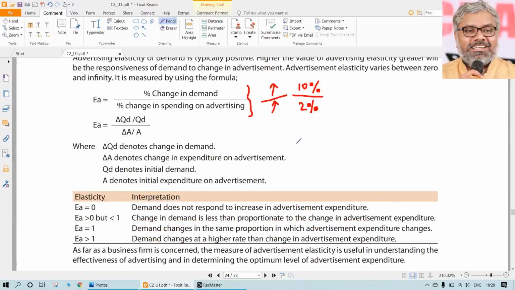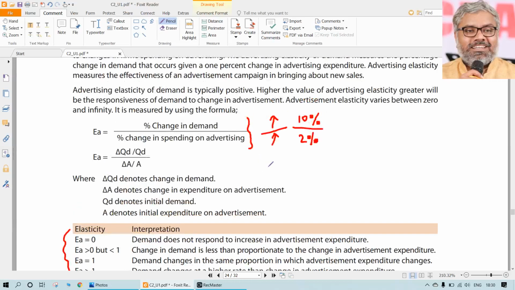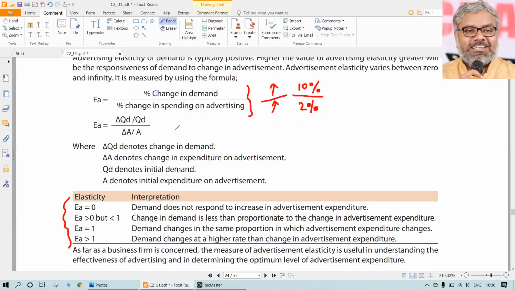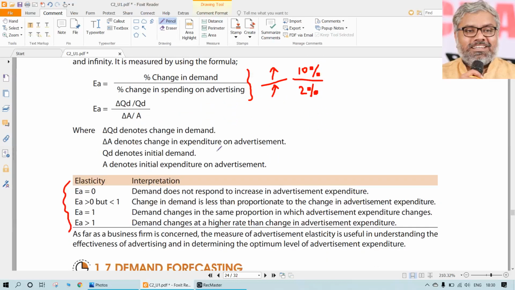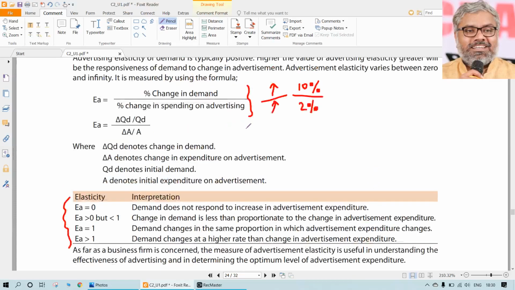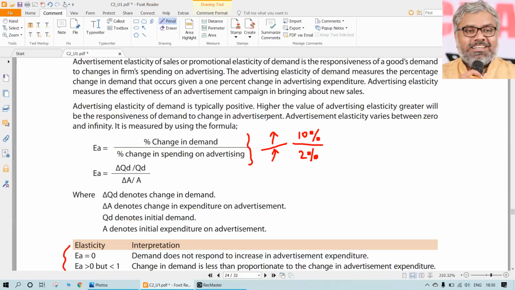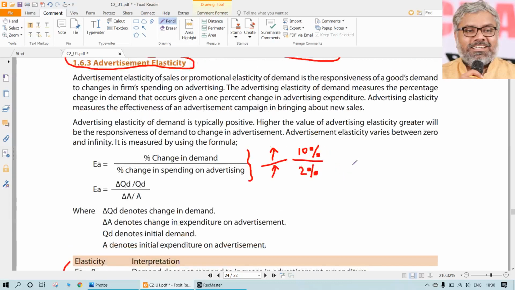So, like any other elasticity of demand, advertisement elasticity of demand can also be understood and interpreted in the same way. Nothing new here. What is the formula? Percentage change in demand divided by percentage change in the factor. Here, what is the factor? Advertisement expenditure. That is what we call advertisement elasticity.